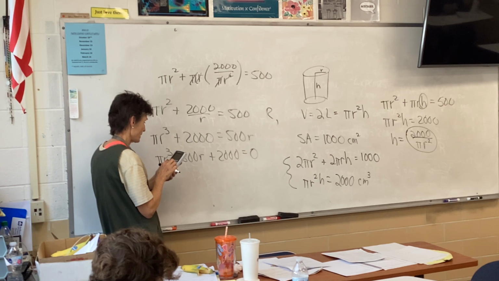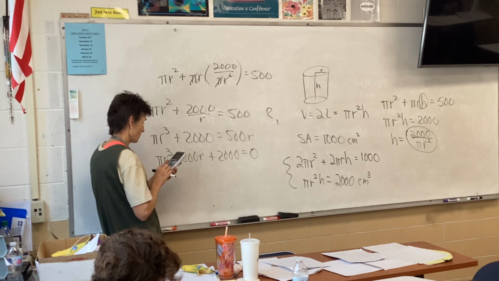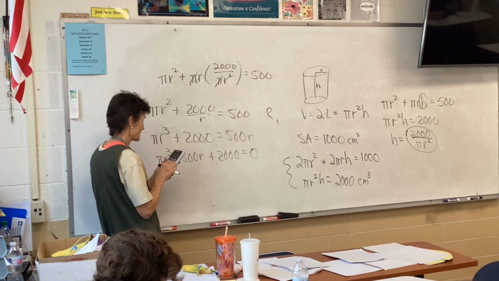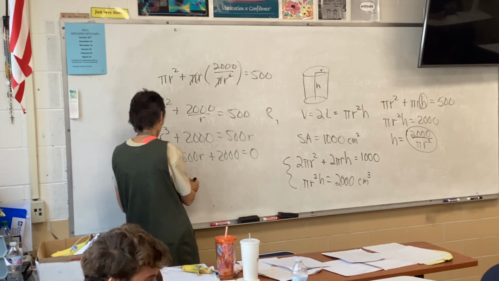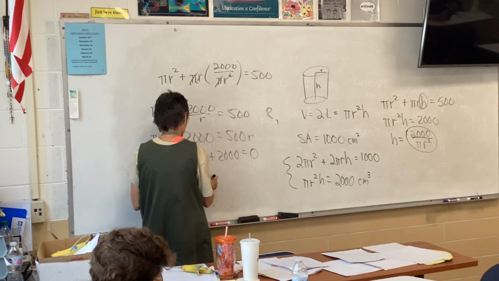Has anybody found one yet? I'm still messing around. You found one? Probably the one I'm looking for here. Which one did you get? Is it 4 point something? I got 9.65. Okay, so that's the second one. My window is 0 to 20, and then negative 1,000 to 1,000.